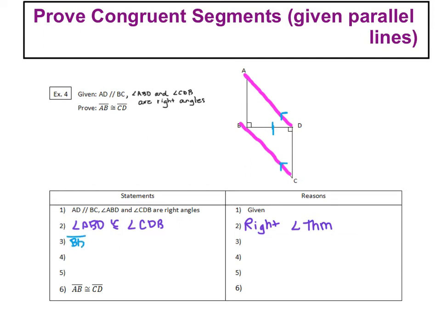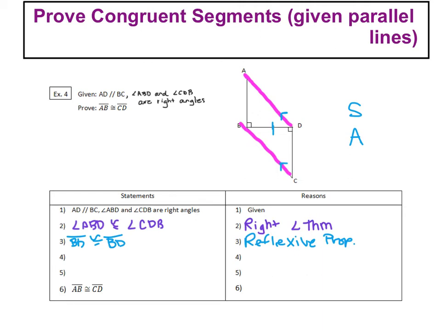So BD is congruent to BD, and that's our reflexive property. Alright, so far we have a congruent side and a congruent angle. We need one more thing to say that the triangles are congruent so that we can use our CPCTC.